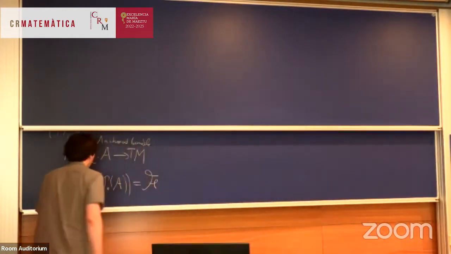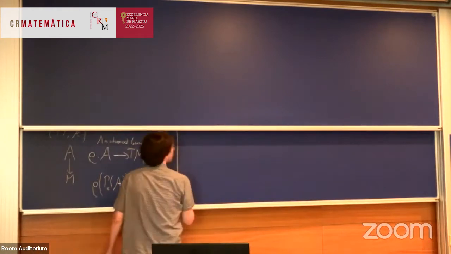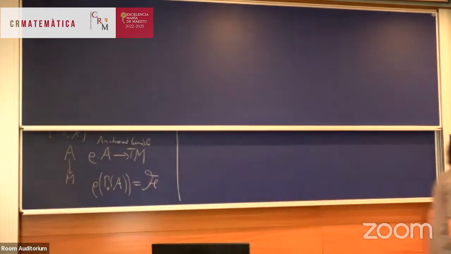Okay, so does this exist? What do you think? Do you think an anchored bundle exists? Well, it may not exist globally, because if there's an anchored bundle where the fiber has dimension 17, the number of local generators is obviously bounded by 17. I take just a local trivialization of A, I take the image under the anchor, I get generators.